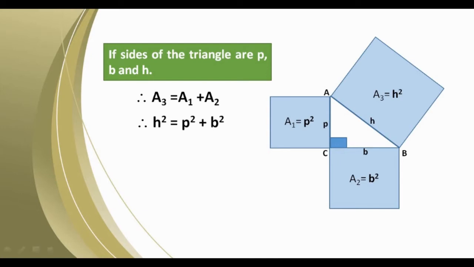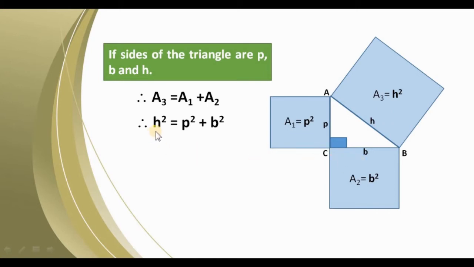If the sides of a triangle are P, B and H, where P means perpendicular, B base, and H is hypotenuse, therefore A3 is equal to A1 plus A2, meaning area of square on hypotenuse is equal to the sum of areas of squares on perpendicular and base.